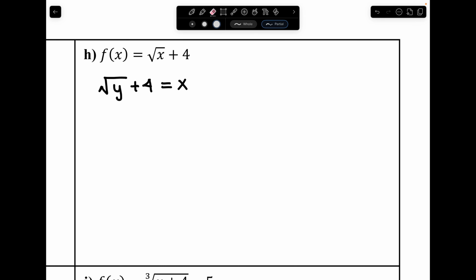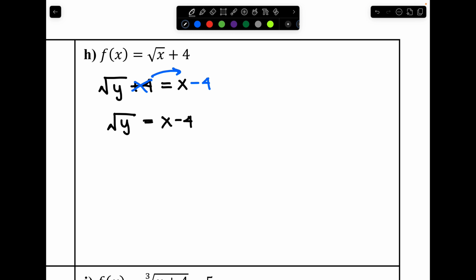And we're going to solve this equation starting with the same thing as before, by moving our constant to the other side. So this will require moving this positive 4 to the right side of the equation and making it negative 4. So now we have the square root of y equals x − 4. Now to get rid of a root requires just the corresponding power.